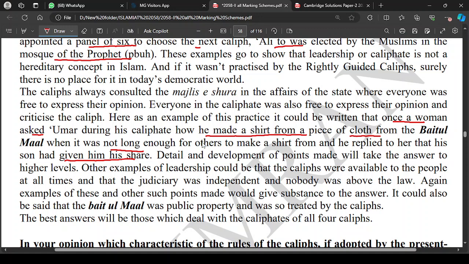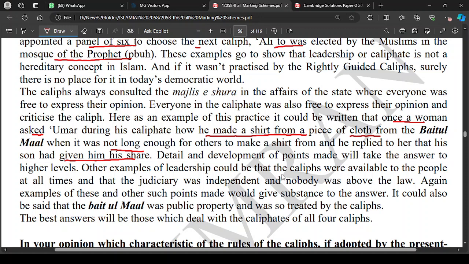These things show their characteristics, their qualities, that they were firm, they were just. They were solving the issues in the light of the Quranic verses and the teachings of the Holy Prophet Muhammad, peace be upon him.